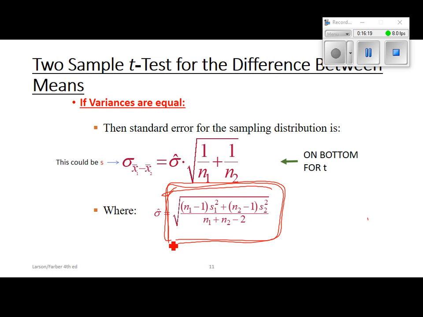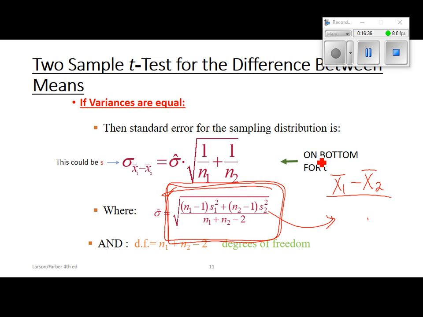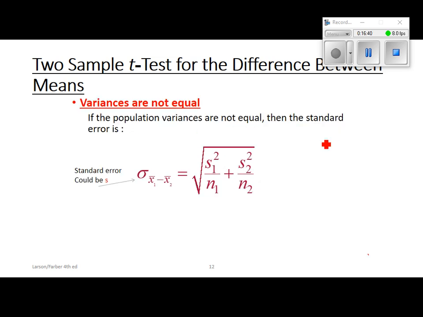So it's got x bar 1 minus x bar 2, and this is on the bottom. That's if the variances are equal. If the variances are not equal, and the degrees of freedom I wrote on the last one, then this is just on the bottom.